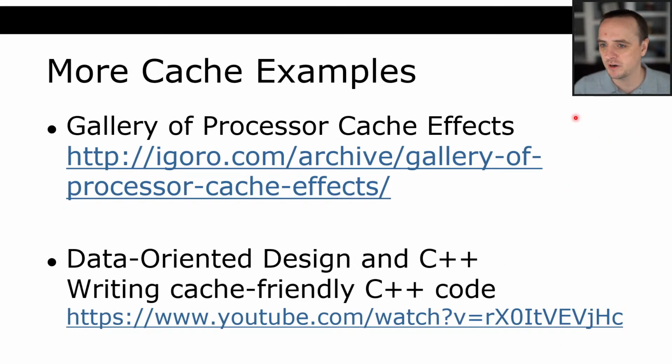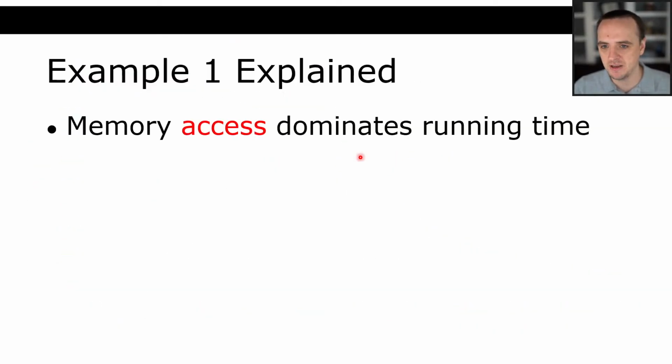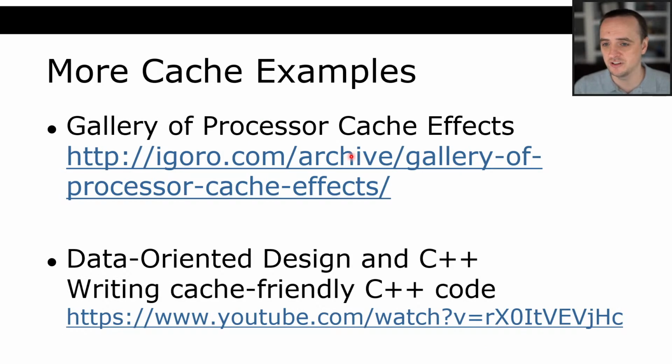And here are more cache examples. There's a gallery. So this graph here and many, many others, if you're really interested in this, and if you are a programmer, you should be interested in this. There's a gallery of many more processor cache effects that really illustrates this. And there's a great video here on data-oriented design in C++ and writing cache-friendly C++ code.